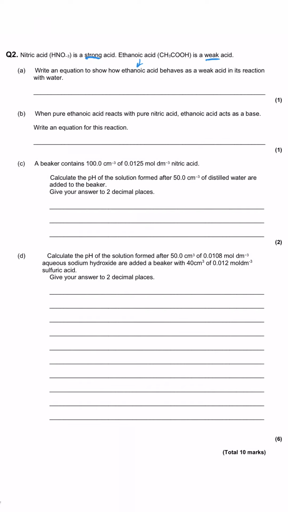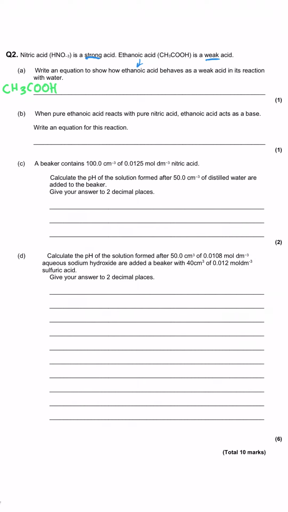Now, you've actually got 2 options here. One option is that you just don't show it actually reacting with water, you show it behaving as a weak acid, and that would always be my preferred option, because all you actually need to do here is show the ethanoic acid dissociating. So ethanoic acid, we've even been given the formula already.